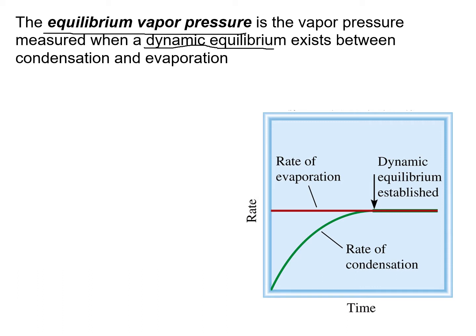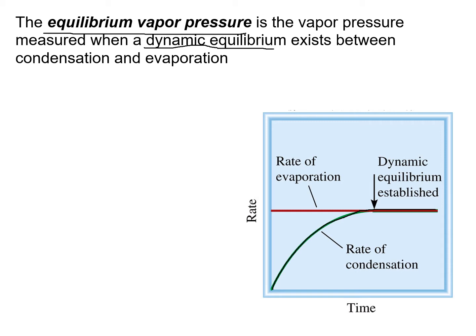So let's say that we have a glass or beaker with water sitting on a bench top. Evaporation begins, and once it reaches a plateau or a certain point in time, then condensation also begins. And then at some point, they reach the same level.